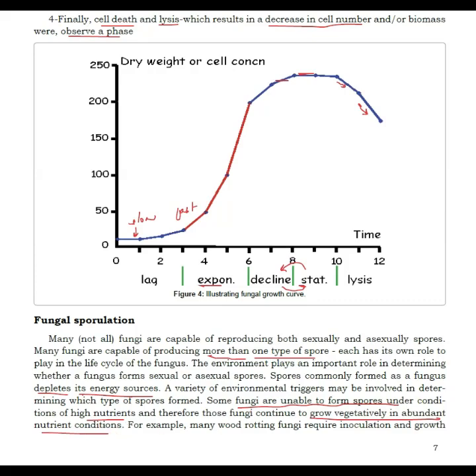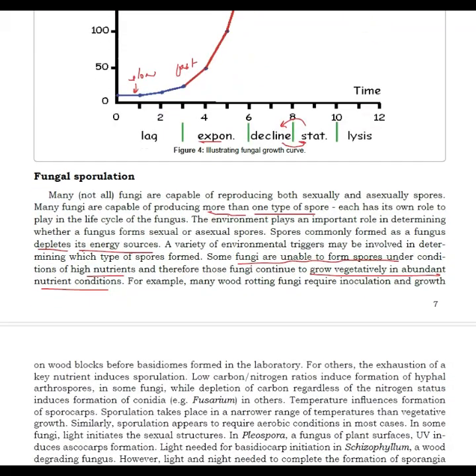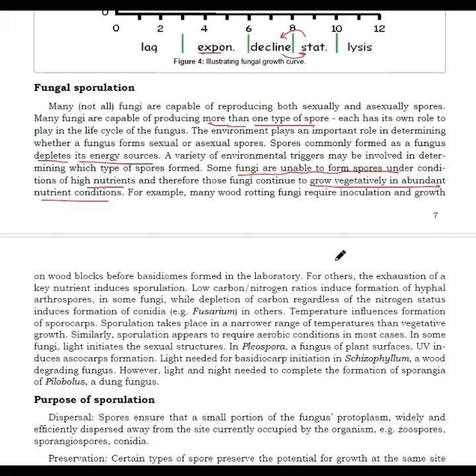The example is wood rotting fungi, which require inoculation and growth on wood blocks before basidia are formed in the laboratory. Another example is the exhaustion of a key nutrient, which induces sporulation. When the key nutrient is not there, sporulation occurs.